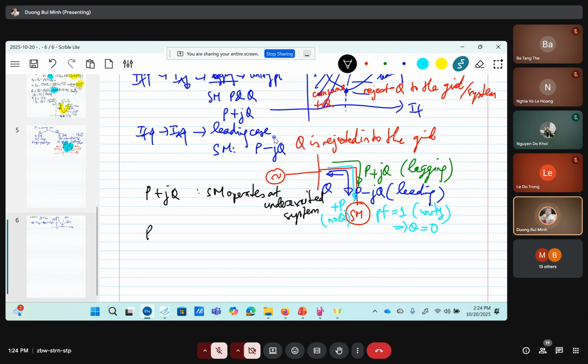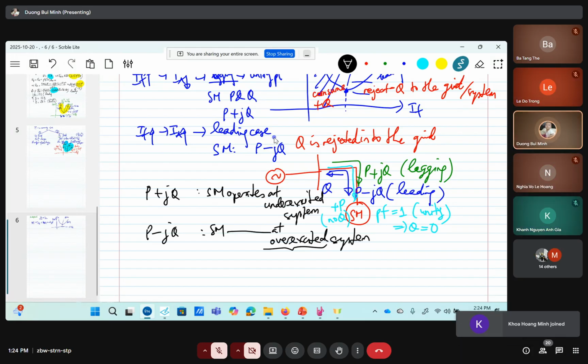If they consume P and reject Q, that means the SM operates at an over-excited system. Remember that for over-excitation, the synchronous motor will reject Q, will inject Q back to the power system.